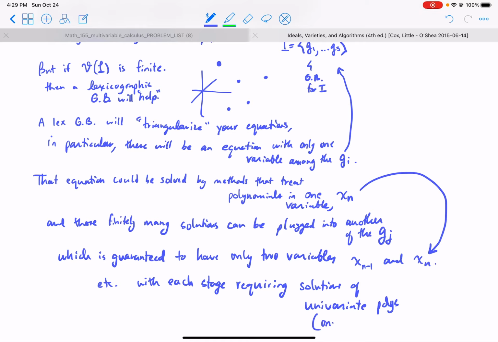This means one variable. Univariate is one variable. Like unit is one.